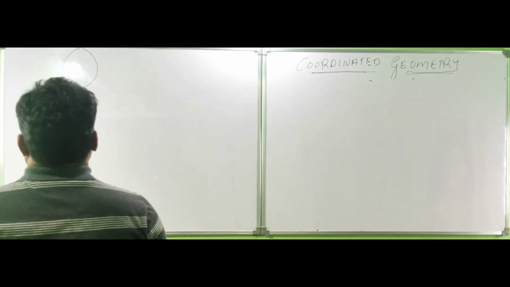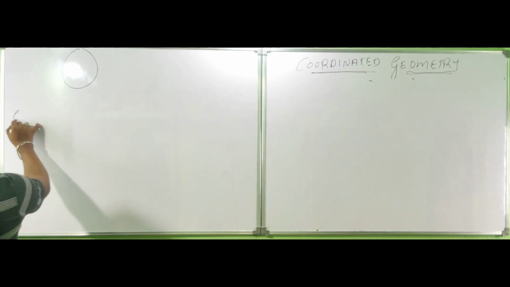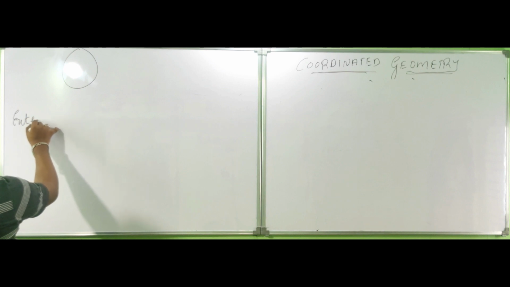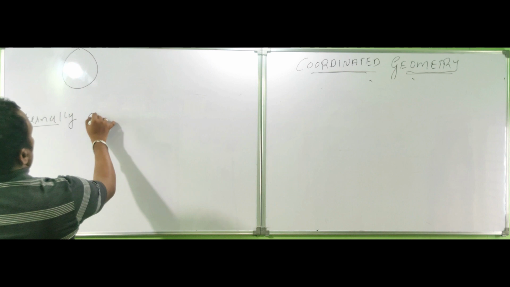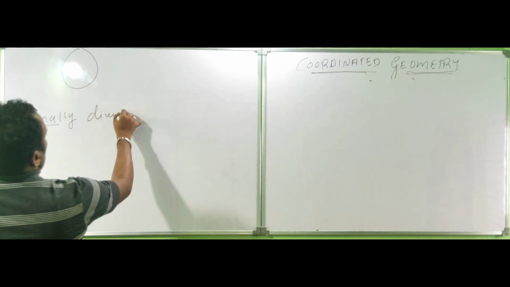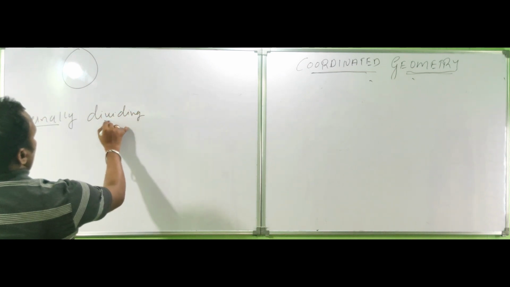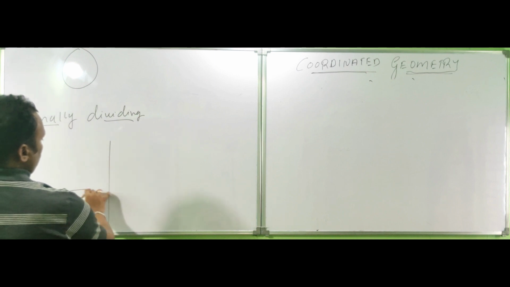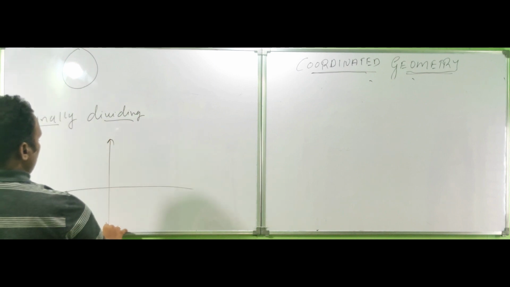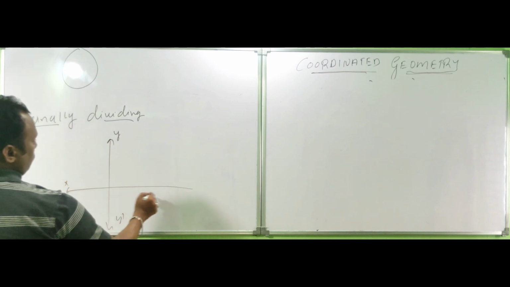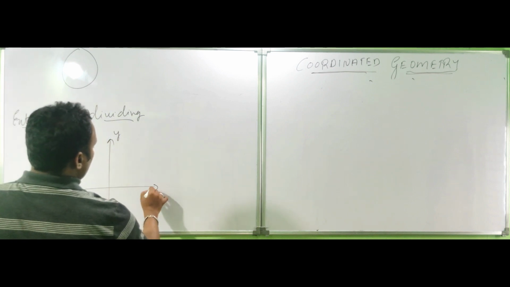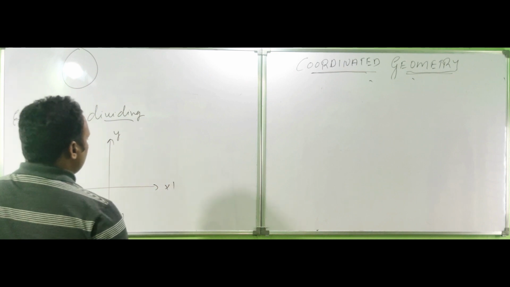The second part is the section formula for external lines, externally dividing. This is y, this is y dash, this is x, this is x dash.